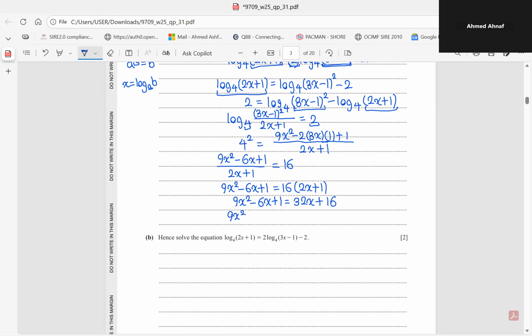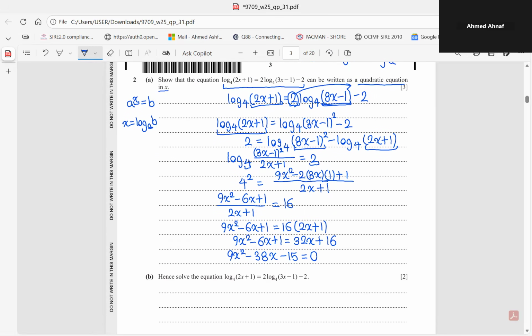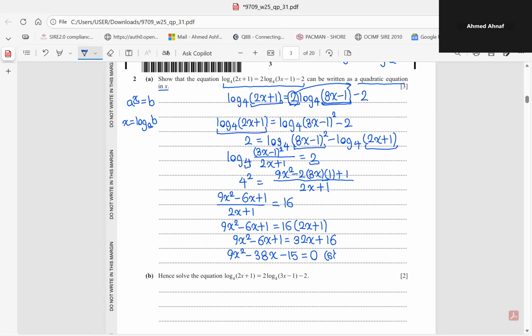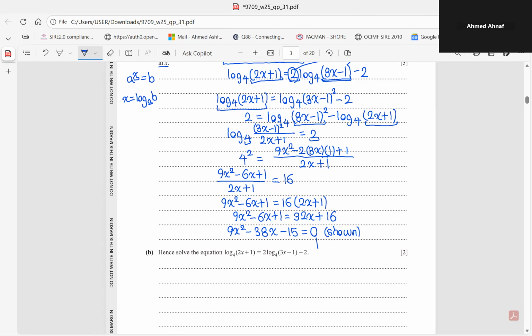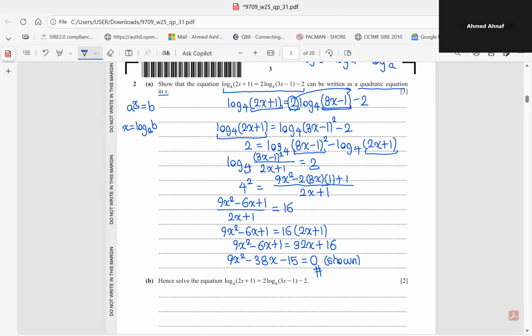So 9x squared, minus 6 minus 32, that is minus 38x. Then 1 minus 16, that is minus 15, equals 0. So we can write it shown in here, even though they didn't tell us what quadratic equation we have to show. So this would be our final answer for the first part.